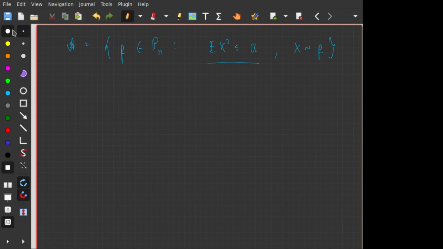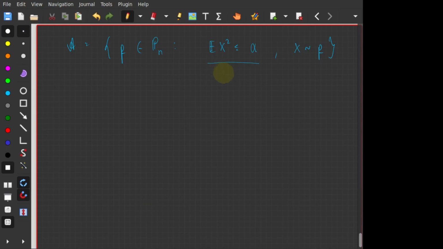There's no integration here, right? It's PMFs on 1, 2, 3 up to n, right? Consider the summation. Just a summation. So what kind of a constraint is this? Linear. Just a linear constraint.